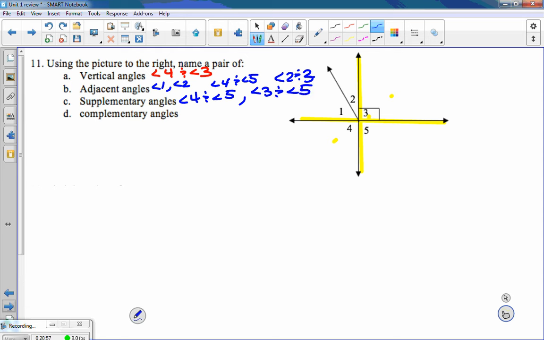Now, give me a pair of complementary angles. What 2 angles add up to make a 90-degree angle? Angle 1 and angle 2, right here.